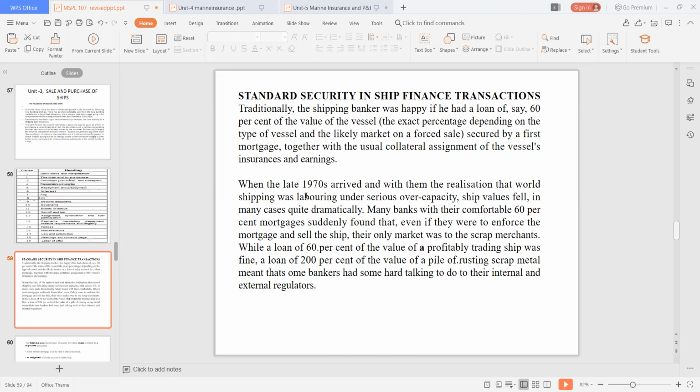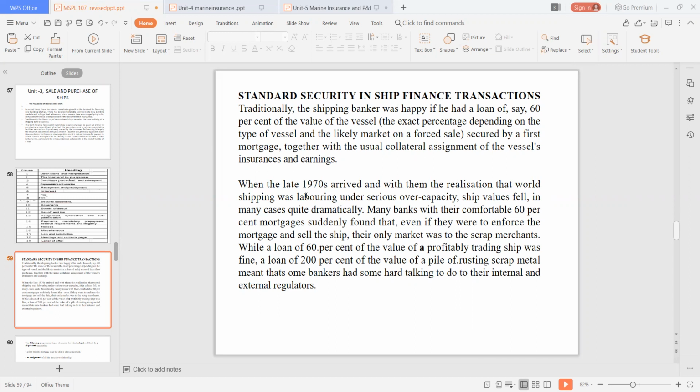While a loan of 60% of the value of a profitably trading ship was fine, a loan of 200% of the value of a pile of rusting scrap metal meant that bankers had some hard talking to do with their internal and external regulators. The scrap merchants are also called the demolition market.